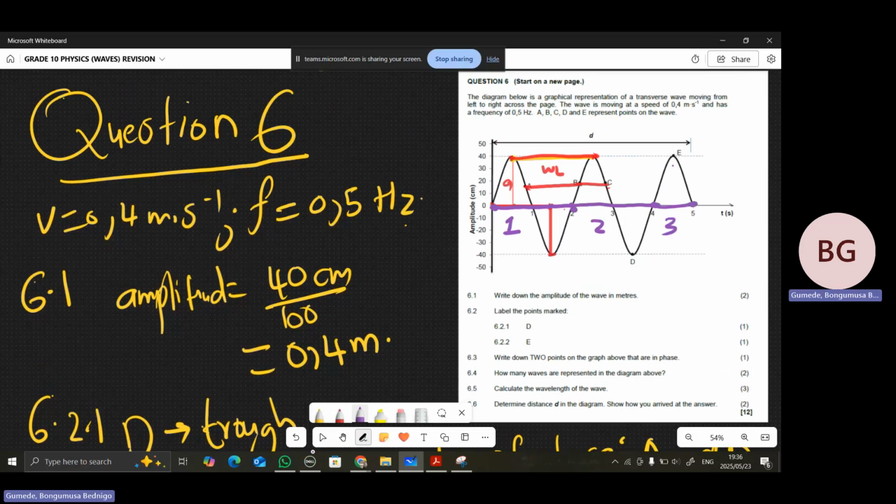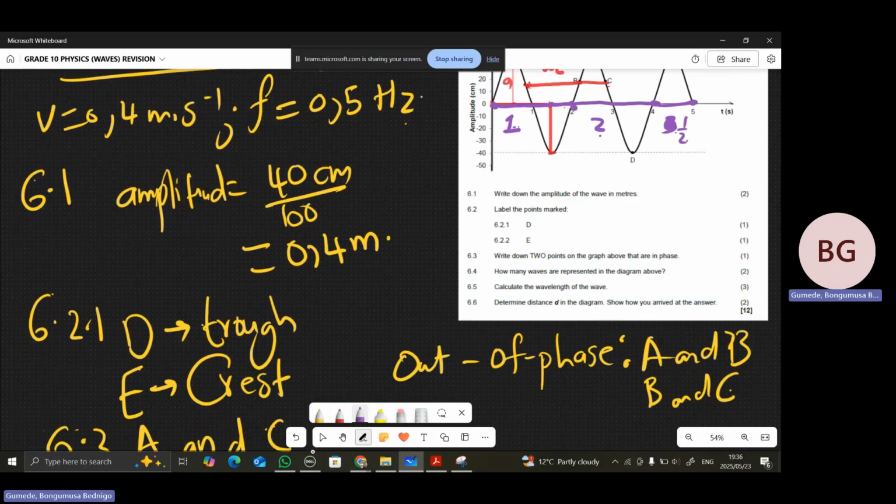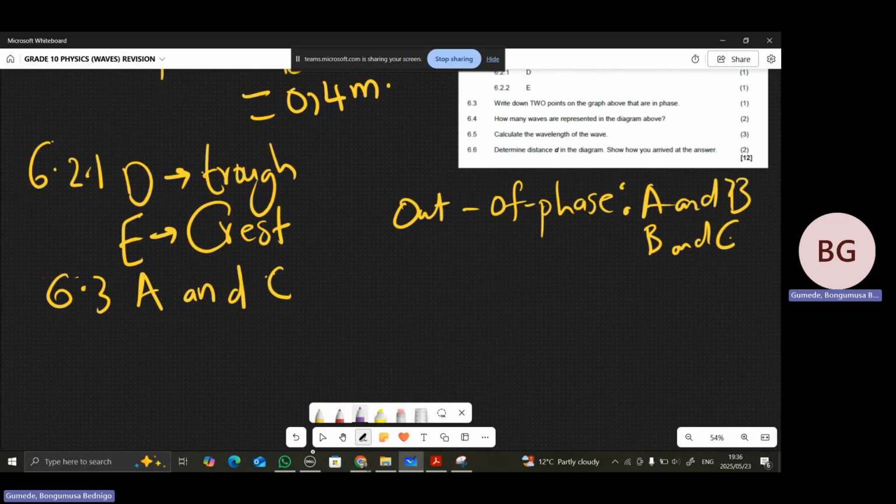So we have the first wave, the second wave, and a half. It means we are going to have 2.5 waves on the diagram.